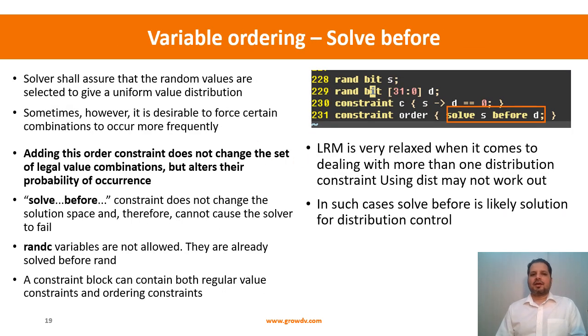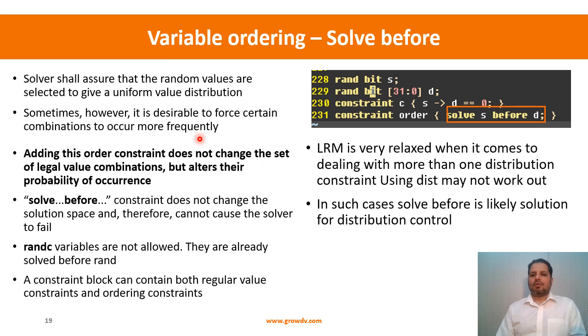Okay, so as we have seen in the previous examples, especially while discussing the implication operator, the constraint solver will try to create the random values such that it gives a uniform value distribution. And sometimes, as we saw even with the dist construct, you want a certain combination to occur more frequently.